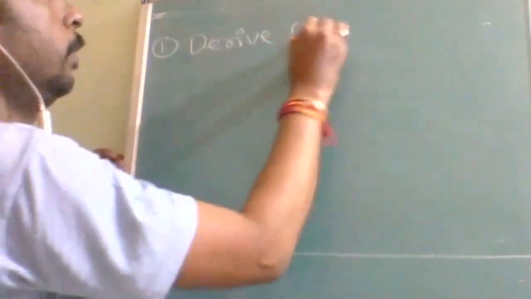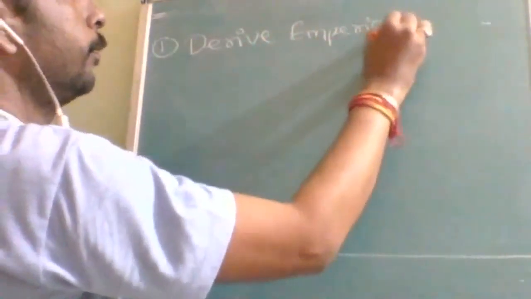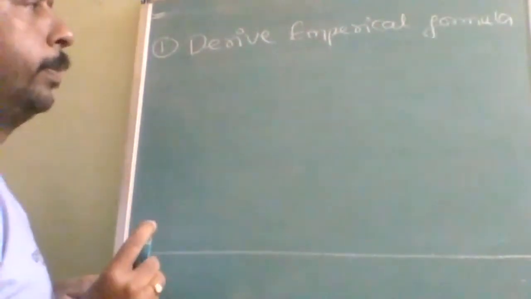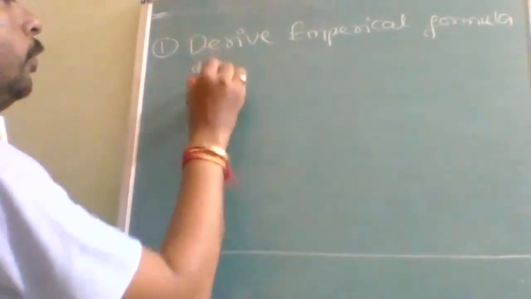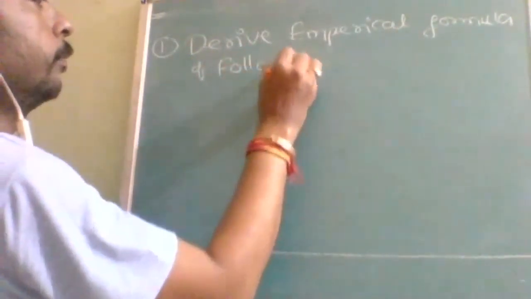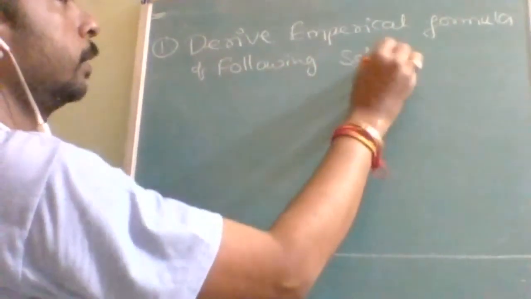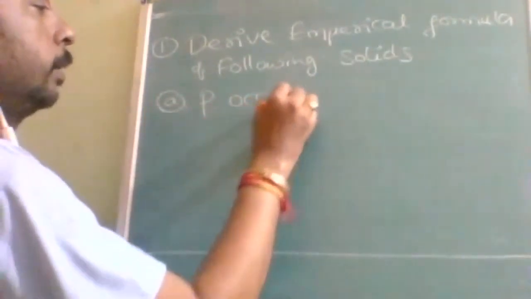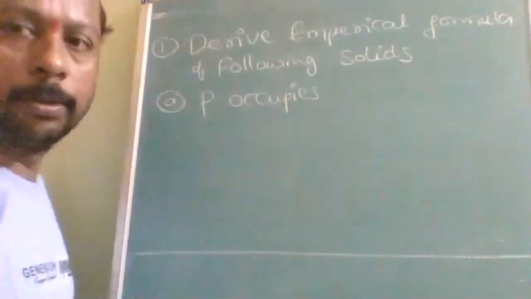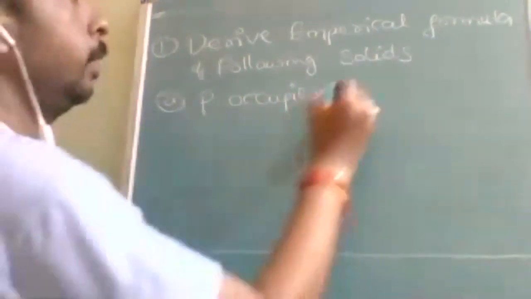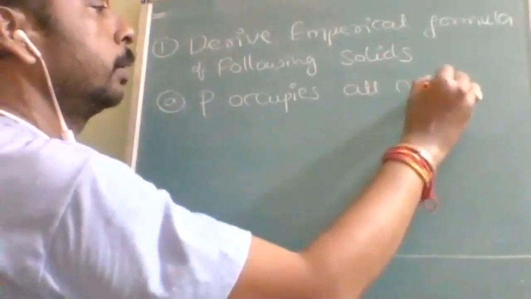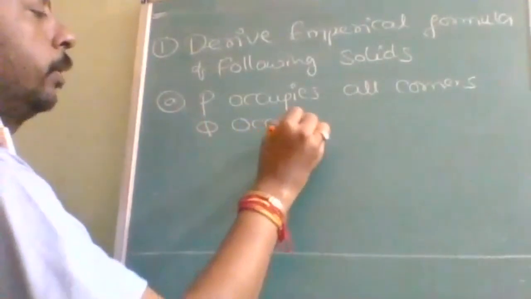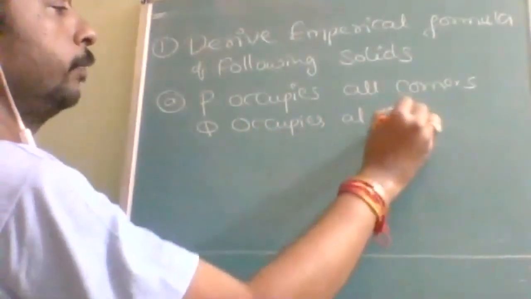Derive the empirical formula of the following solids. First, P occupies all corners, and Q occupies all face centers.